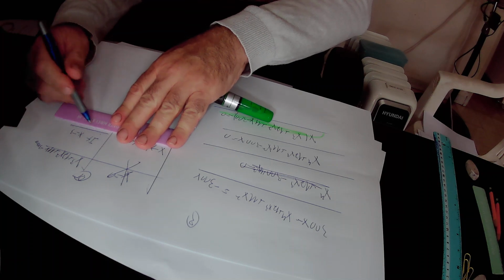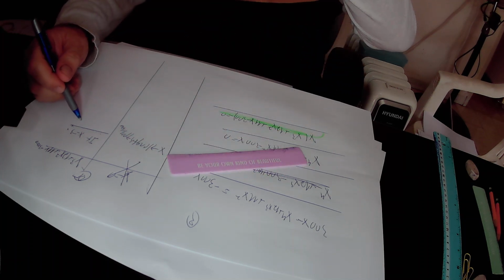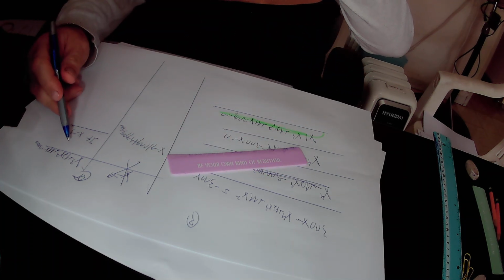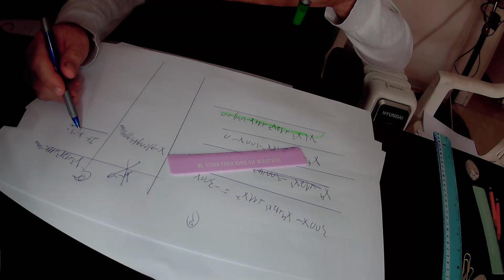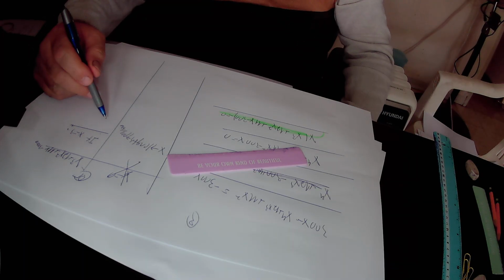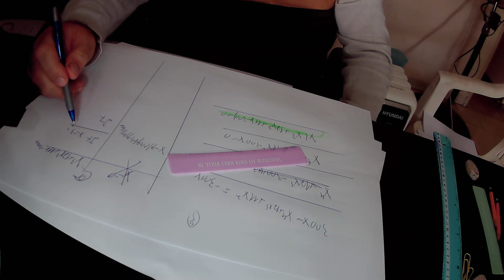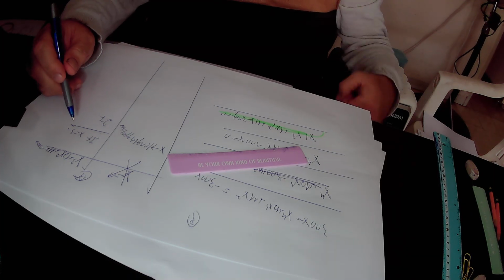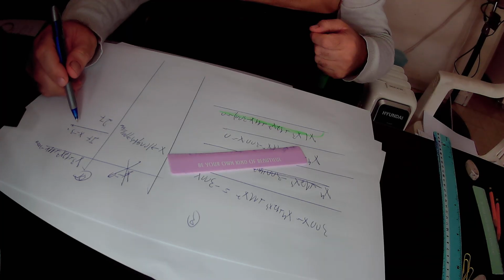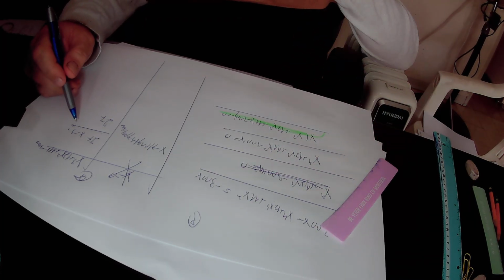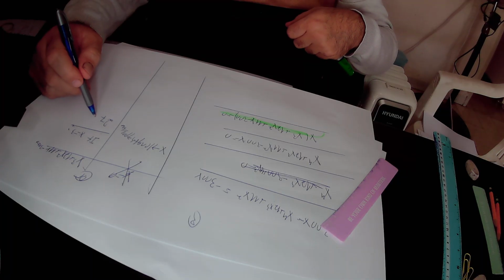If x equals 3, x cubed is 3 cubed, that is 3 times 3 times 3, which is 27, plus 12x squared. x is 3, so x squared is 3 squared, that is 9. 9 times 12 is 108.